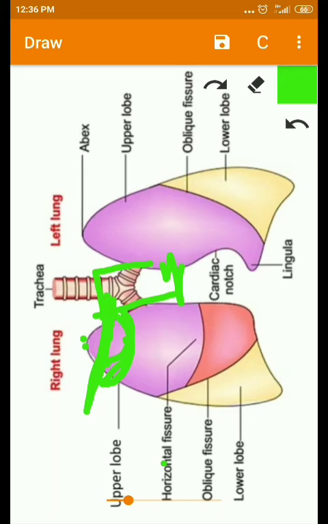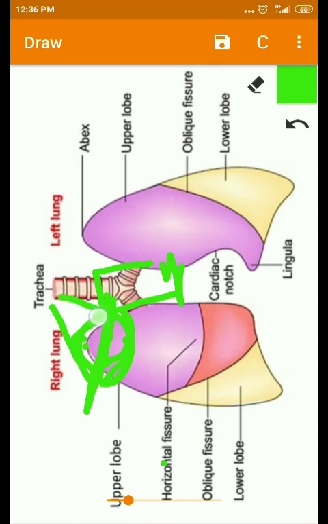So the apex of the lung is covered by cervical pleura and by the suprapleural membrane. Cervical pleura means the pleura surrounding at this level, and over that the suprapleural membrane is present.